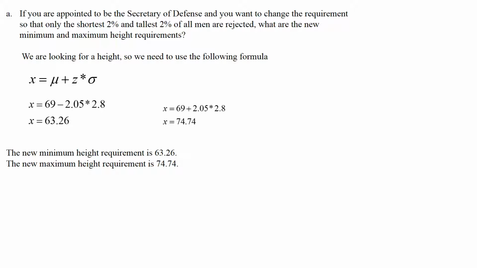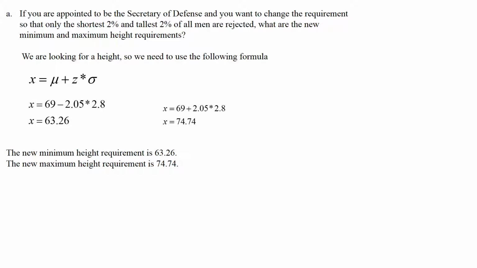If the shortest 2% of the population is being excluded, I look up the area 0.02. If 0.02 isn't in the table, I need to use the area closest to 0.02. From the table, the area closest to 0.02 is 0.0202.